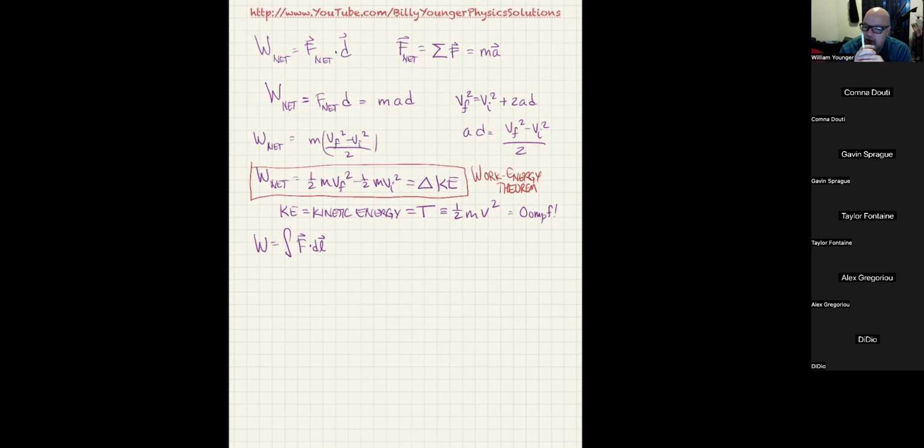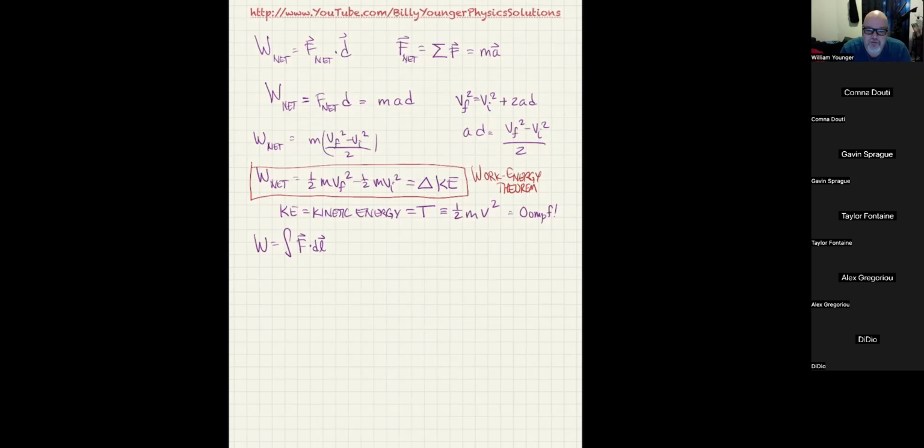That total work done is equal to 1/2 m v final squared, which in principle the skid mark should end with the car moving at 0 velocity, so that'd be 0 there, and then minus 1/2 m v initial squared.